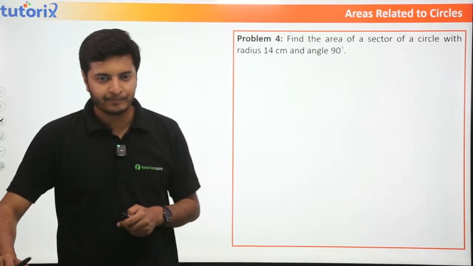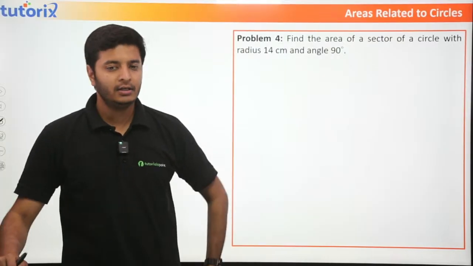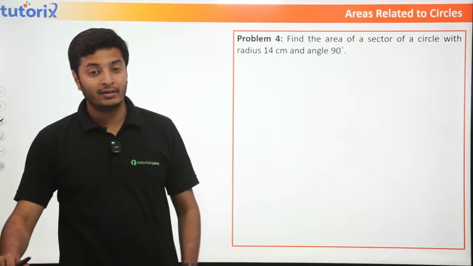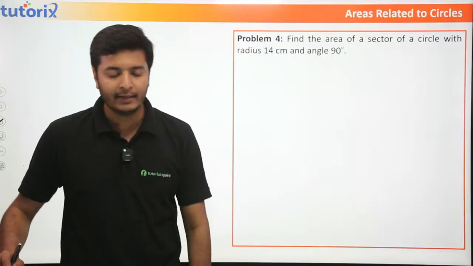Very good. Find the area of a sector of a circle with radius 14 centimeter and angle 90 degree.